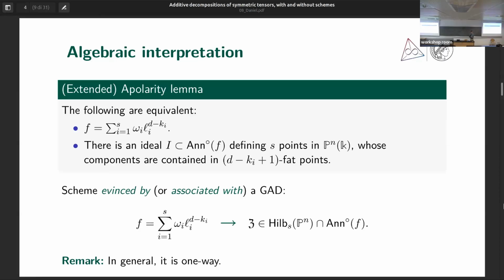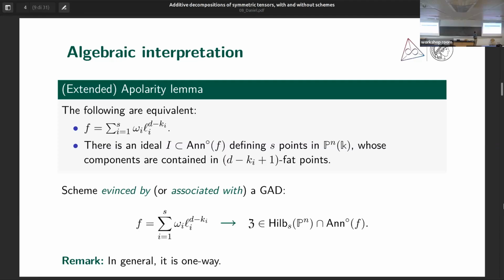The algebraic reason why we like this type of decomposition, and not completely random other types of additive decomposition, is that they correspond canonically to schemes. This is my version of an extended apolarity lemma. The apolarity lemma is a little bit different in the literature, but morally this is it.